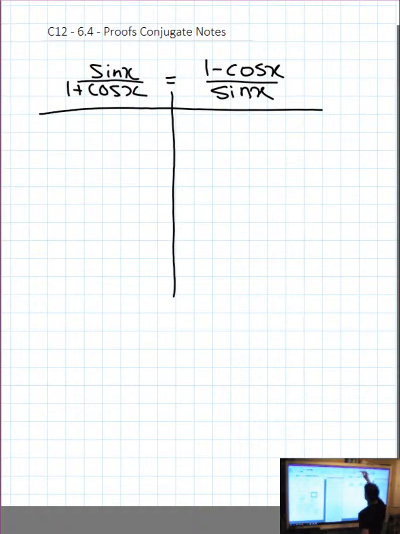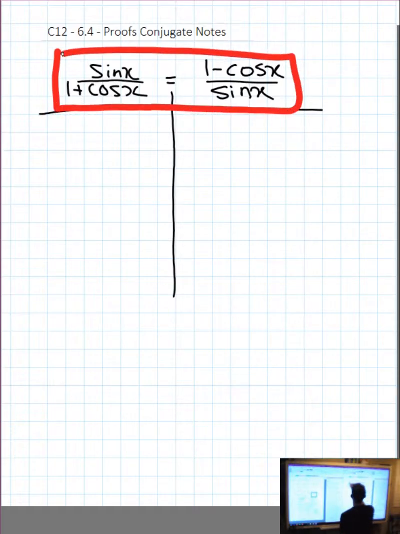And I'm going to multiply by the conjugate, and I'm going to do it in red so we can tell the difference between what the question initially was, that I'm going to highlight in red, compared to what we're going to have after. So I'm going to multiply by the conjugate. And I'm going to multiply the top this time, because it really doesn't matter. You can times the top and bottom by the denominator conjugate or the numerator conjugate.